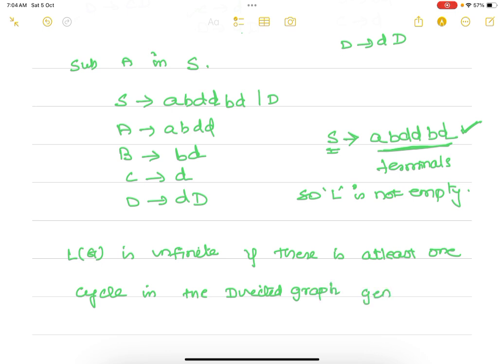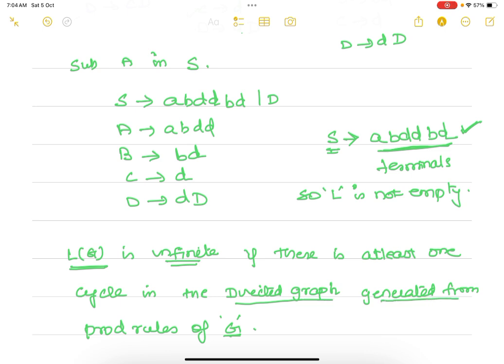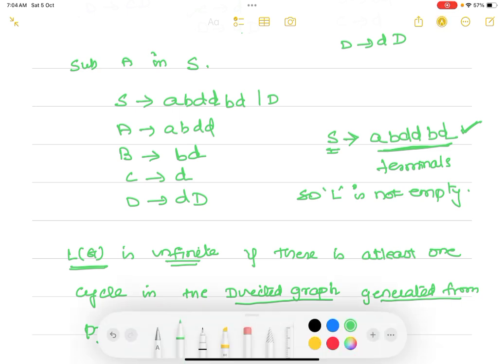We will say the language generated by the grammar G is infinite if there is at least one cycle in the directed graph generated from the production rules. We will see how to generate a directed graph from the production rules.